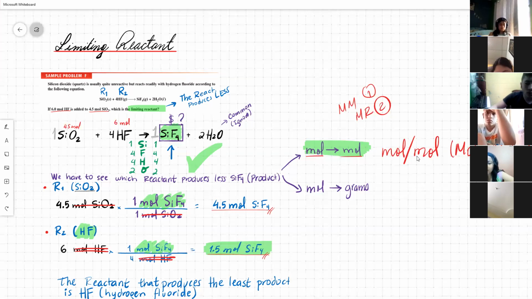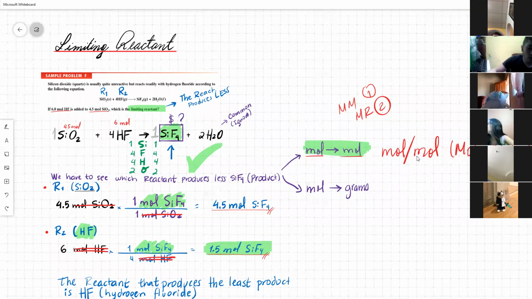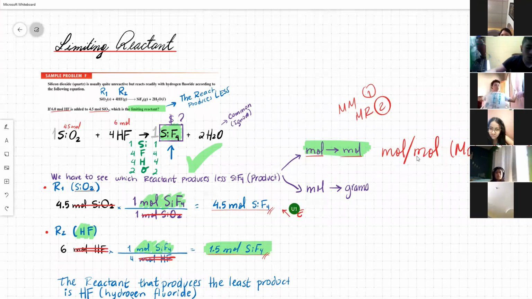With that, we already answered the question. Therefore, the excess reactant or reactants are going to be the rest of the reactants in the reaction. You're always going to have one limiting reactant and whatever amount of excess reactants. So the excess reactant is going to be the other reactant, the one that produces more product. So hydrogen fluoride is going to be the limiting reactant.